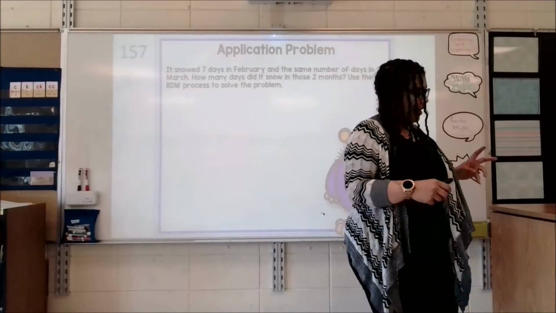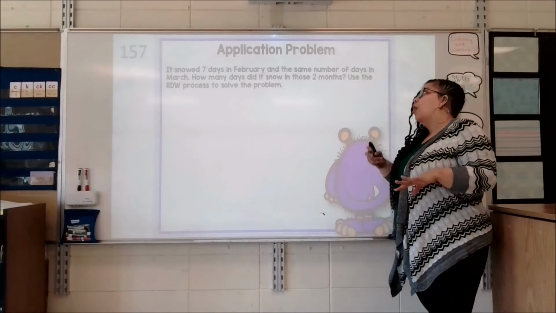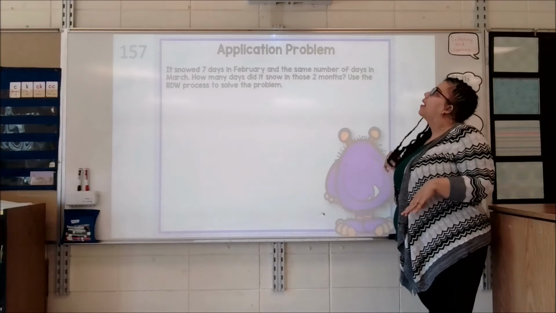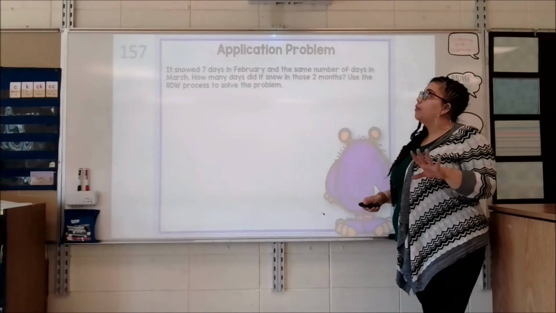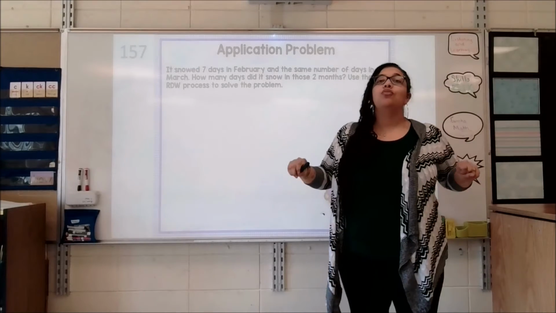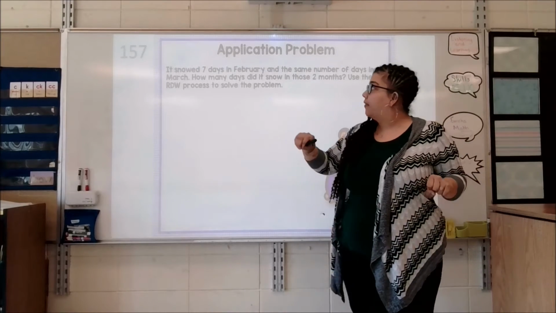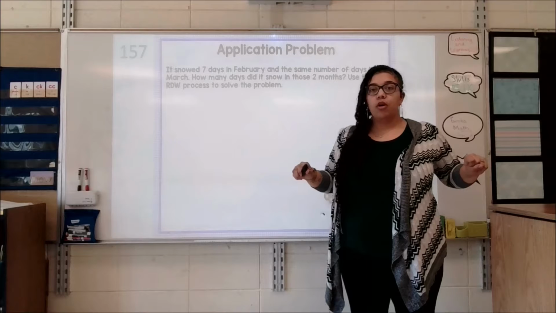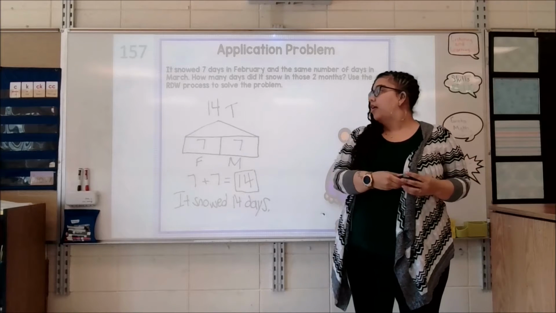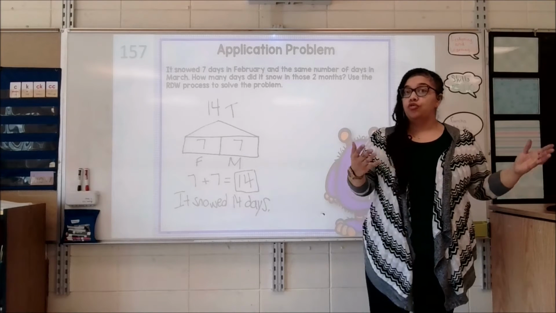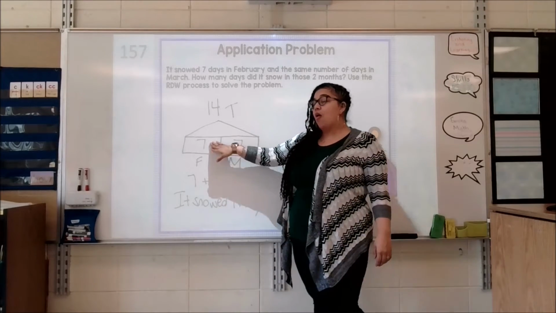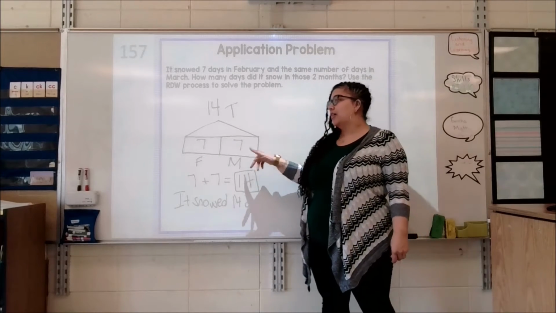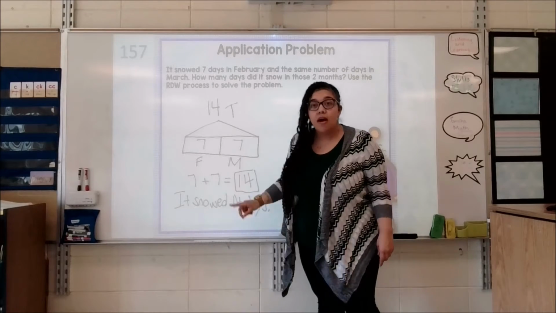Okay, so in solving this particular problem, we have to take note of the fact that the number 2 is not part of our problem. The number 2 is telling us that we have 2 parts. Those 2 parts being February and March. So in drawing our tape diagram this time, we just drew numbers. For February we have 7. And what we're told is that March has the same number of days.